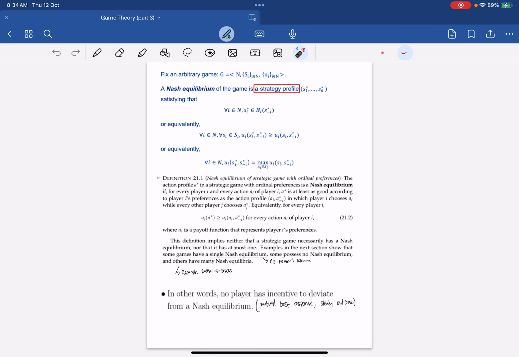It means that if, let's say, my best response is some graph like this, and the opponent's best response is some graph, then the mutual best response is of course the intersection. So it's actually the intersection of everyone's best response function. So this definition implies neither that a strategic game must have a Nash equilibrium, nor that it must have only one.